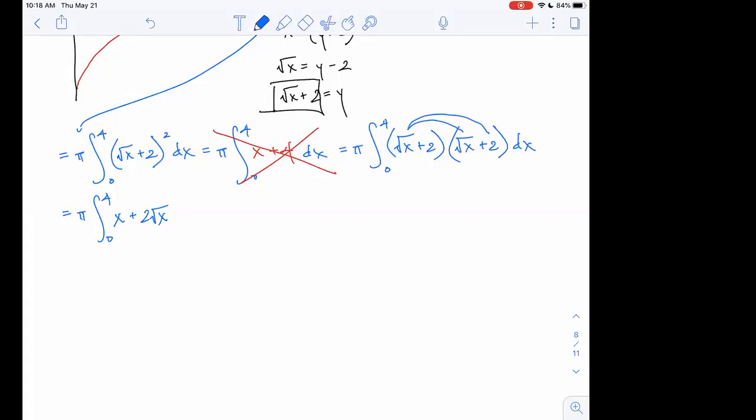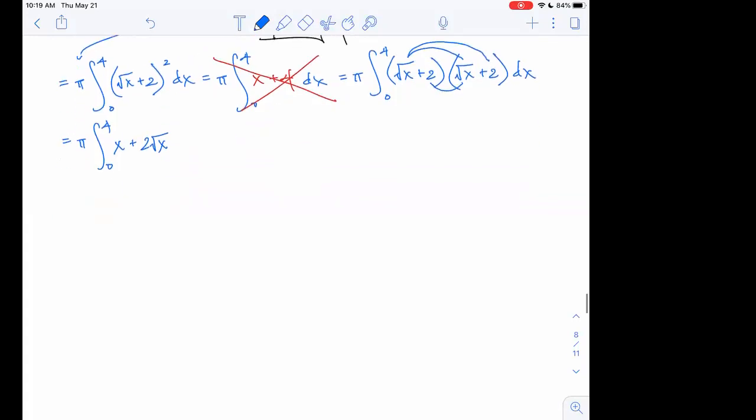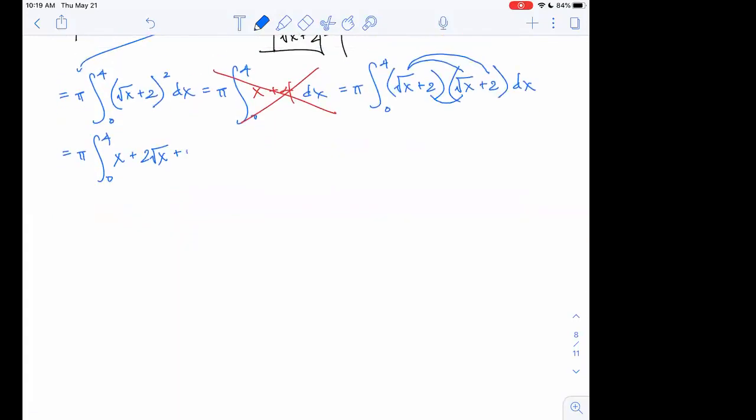That connection, I know you know how to make. But sometimes we get in our own heads and we're like, that can't be right, so I'm just not going to write anything down, okay? But it is right. 2 times square root of x gives you 2 square root of x. And your inner terms will give you the same thing. And your last terms multiplied will give you 4.